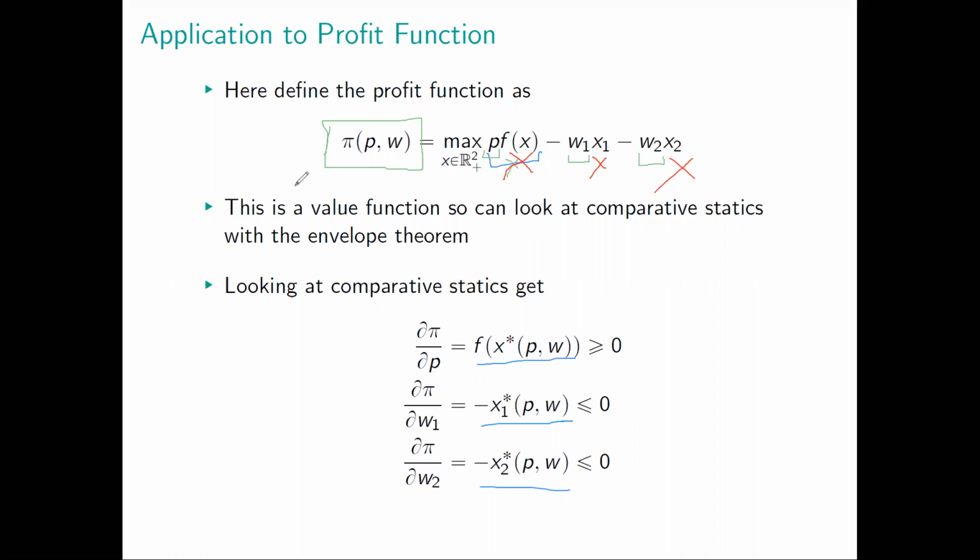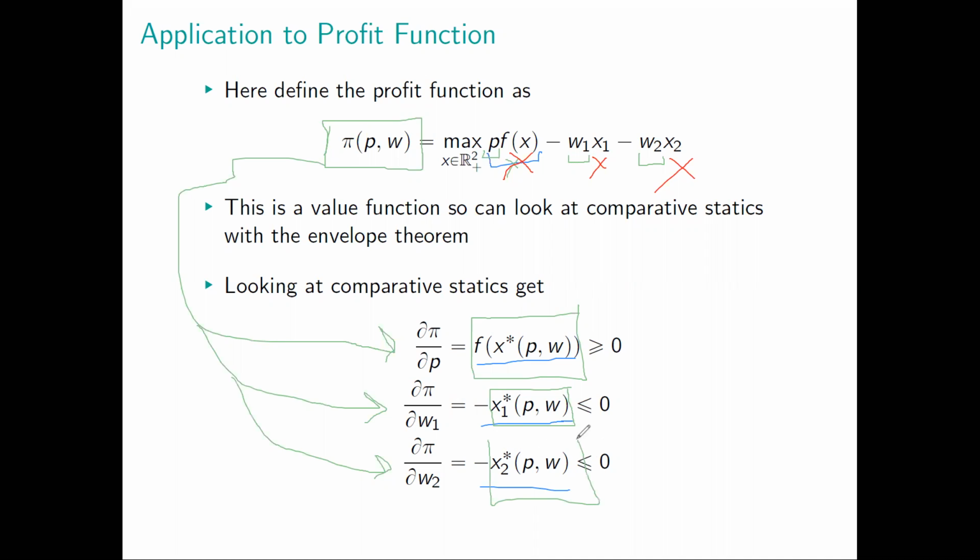So this means we can often look at comparative statics of profit from data. If we know someone is profit maximizing, then we can recover this information, right? So this gives us information about the production technology. And if we look at the derivative of profit with respect to input prices, this gives us information about the inputs they used and how much they actually demanded.